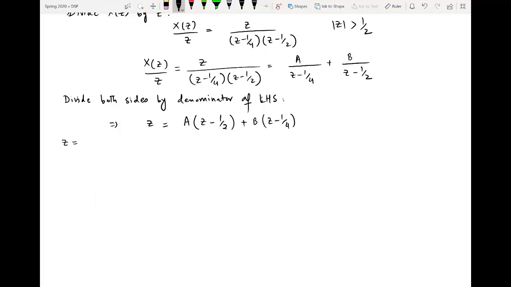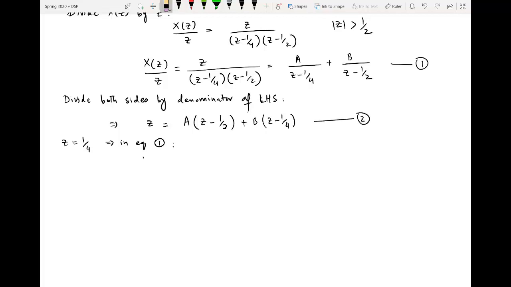The first one is z is equal to 1 by 4. So by putting, let us number this equation 2. So z is equal to 1 by 4 in equation 2 ends up in this thing.